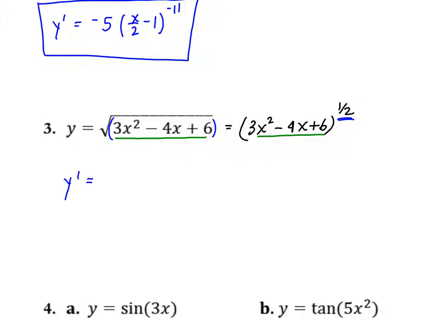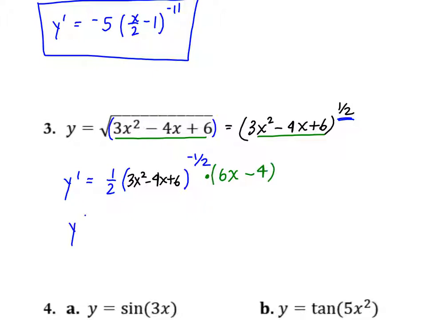The derivative of the outside power first, 1/2, times leave the inside alone and subtract 1 from the exponent, negative 1/2. Inside stays the same, 3x squared minus 4x plus 6. And then finally, once we peeled off that outer layer, we took the derivative of the outside, we can multiply by the derivative of the inside. 3x squared turns into 6x, negative 4x is negative 4.